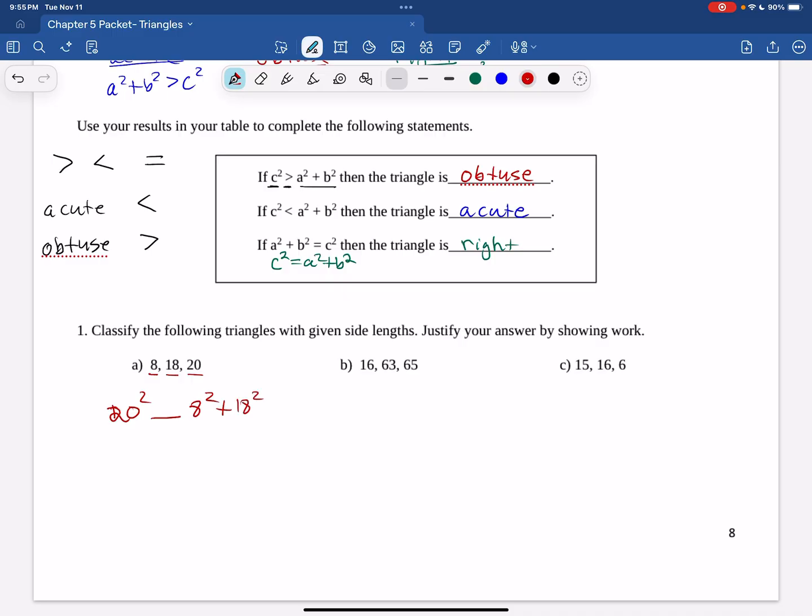Now, 20 squared we know to be 400, and 8 squared is 64, and 18 squared is 324. When I add those up, I get 388. So 400 is greater than 388, and we know that greater is obtuse. So this will be an obtuse triangle.